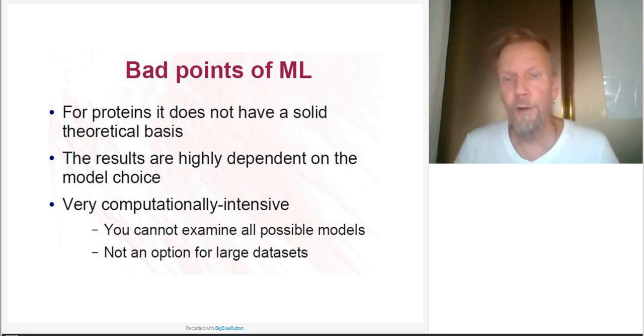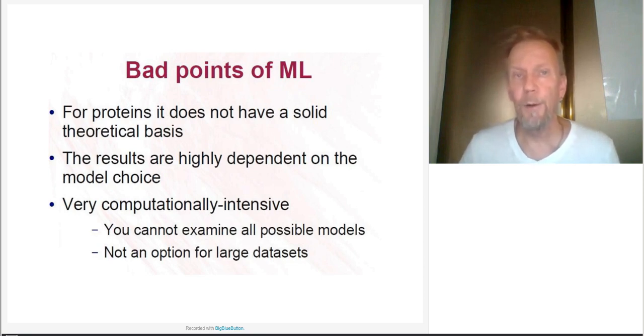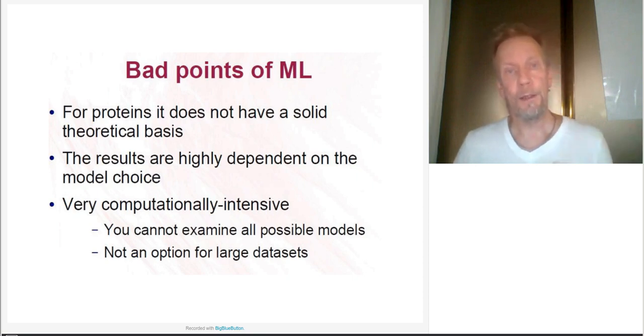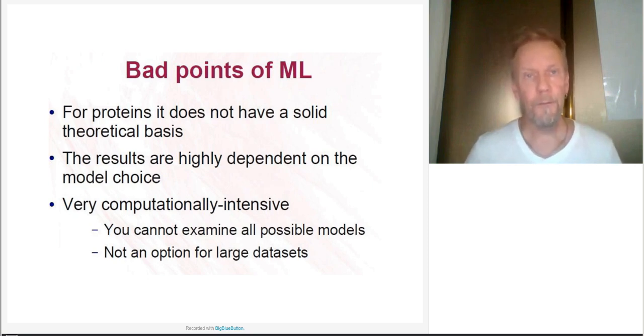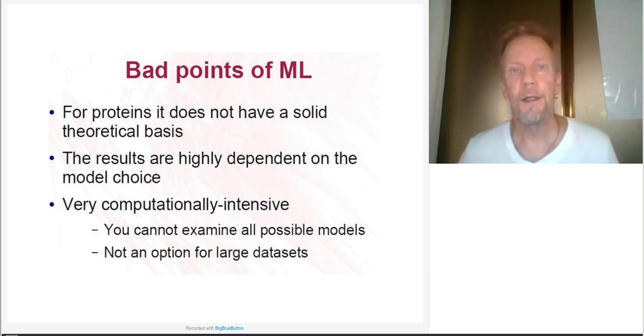Okay, the bad points of ML is that for proteins, the theoretical and biological basis is not there. When you are looking at jumps from one amino acid to another, it might require one or more nucleotide changes underlying it, and they are not really accounted for. It has been tried, but it doesn't work. If you just count the number of changes, you are not getting good trees.